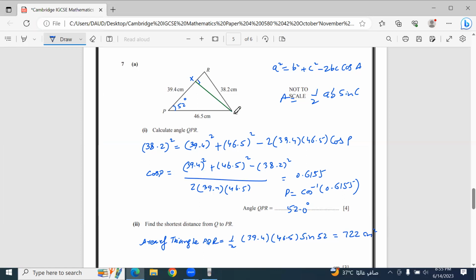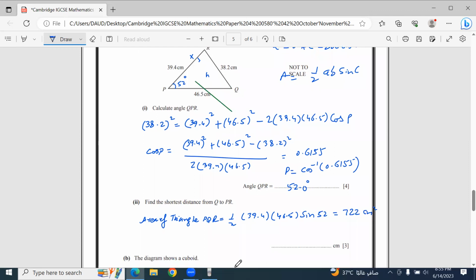If we consider this height, or shortest distance, as perpendicular, then PR, which is 39.4, is the base. We can apply the simple triangle formula, 1/2 base times height, equals the area, which we found to be 722. So QX equals 722 multiplied by 2, divided by 39.4.